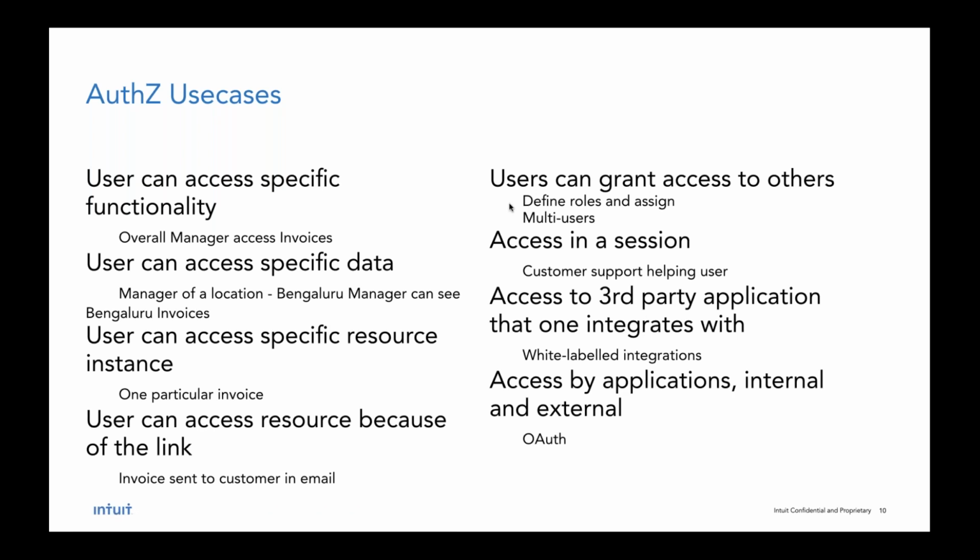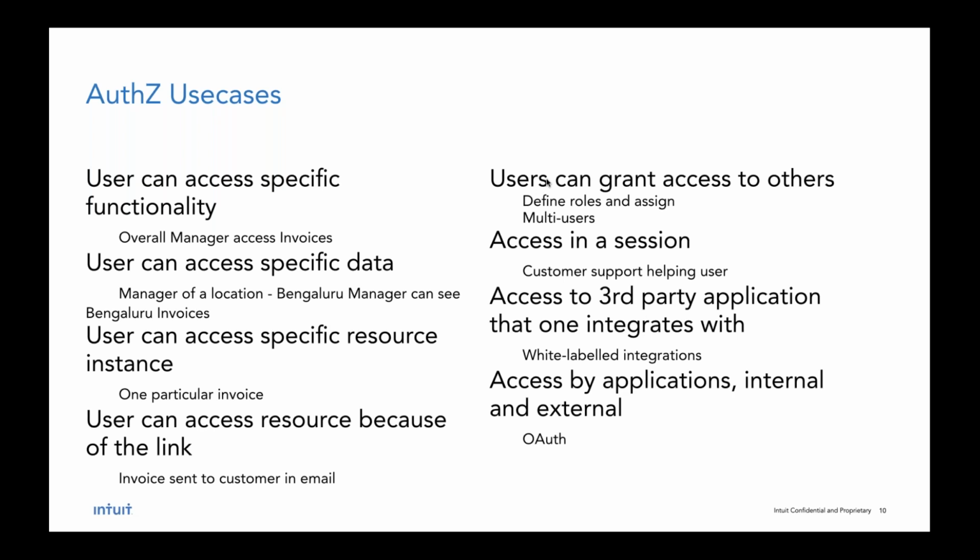When you start having multiple users, the sales managers would start defining roles, assigning permissions to those roles, and then assigning those roles to end users. That way they get much finer control of access to the application.